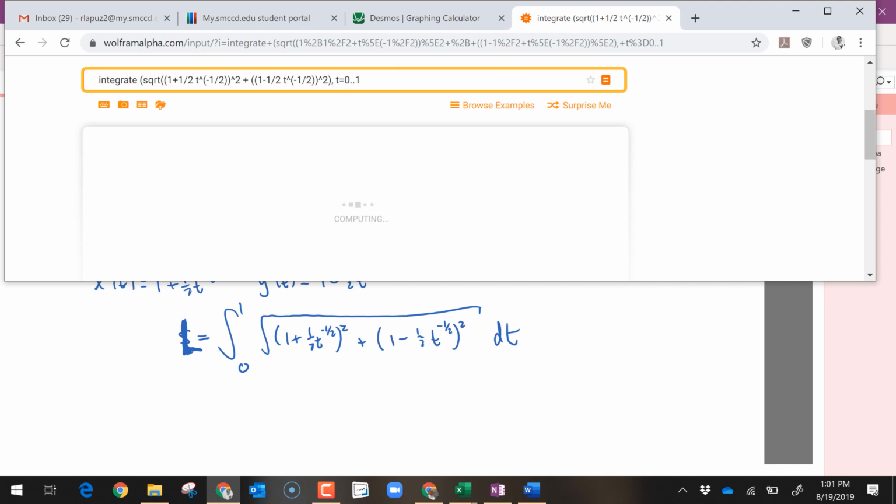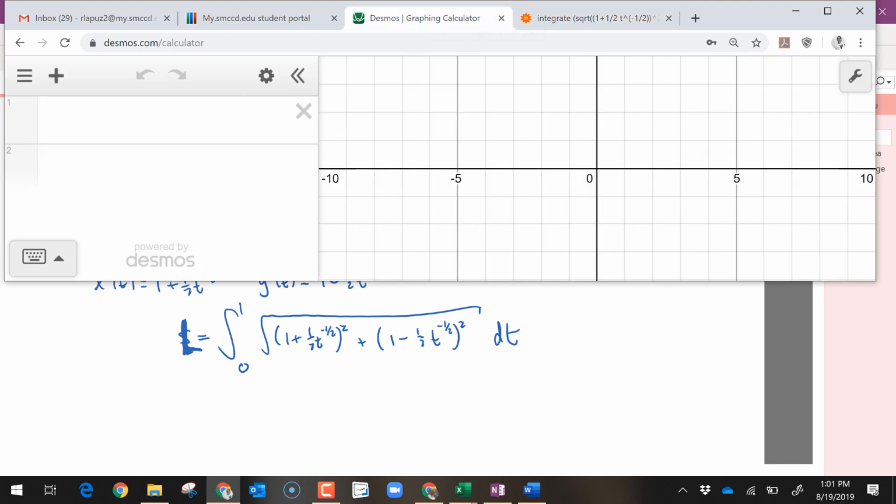And it's always nice to look at it and graph it just to see if it makes sense. If my graph is within the squares 0 to 1, and then I get like 2,000 as my arc length, I know that might be wrong. So it's probably good to graph this as well.